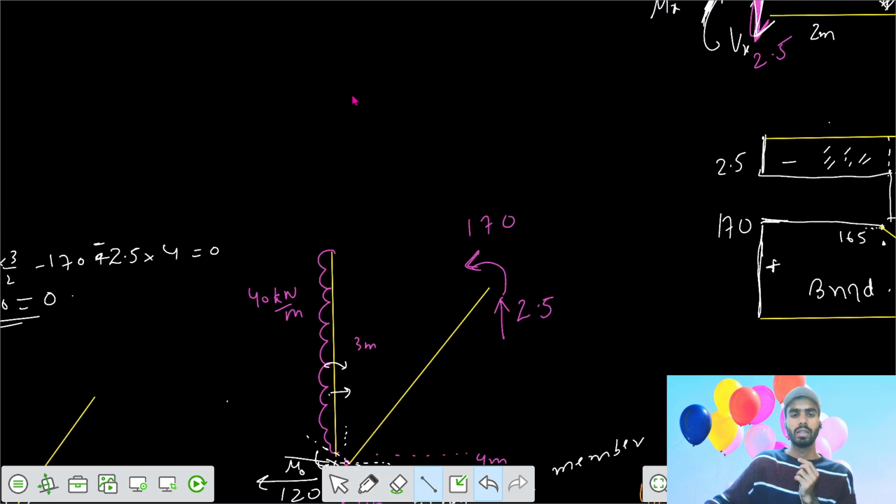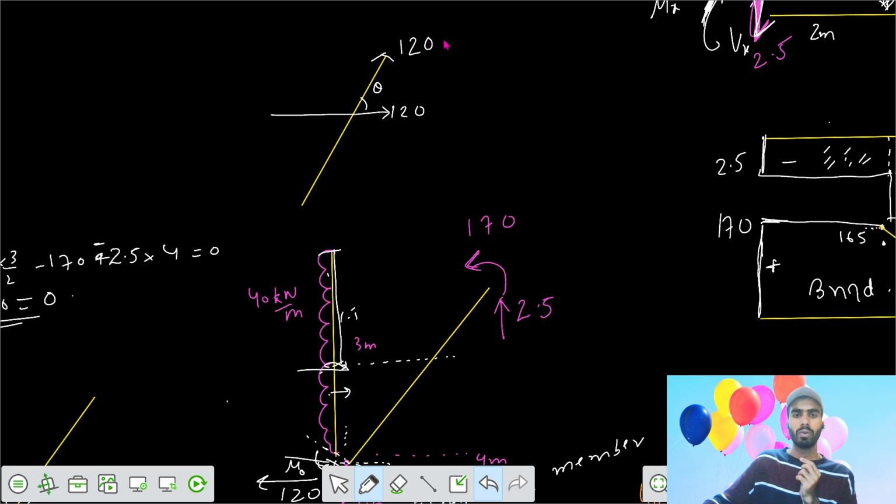Say this is your member, the resultant of the UDL is also a vector at the centroid, so we can say the resultant is passing through the centroid at 1.5 meter, and here it is also theta.